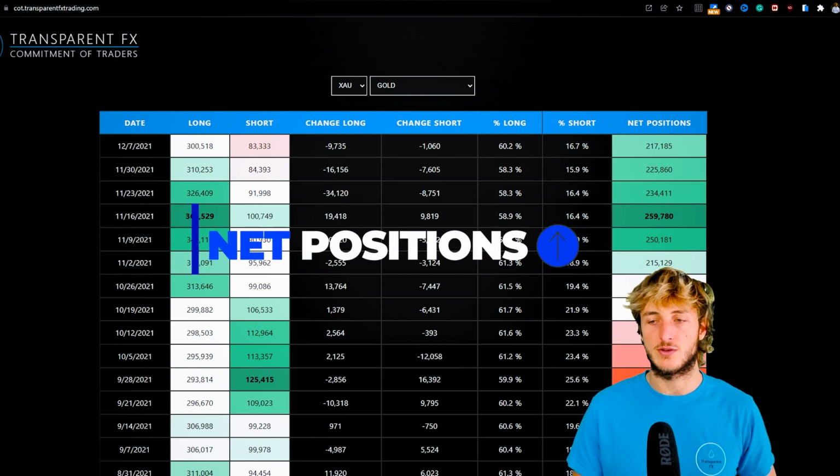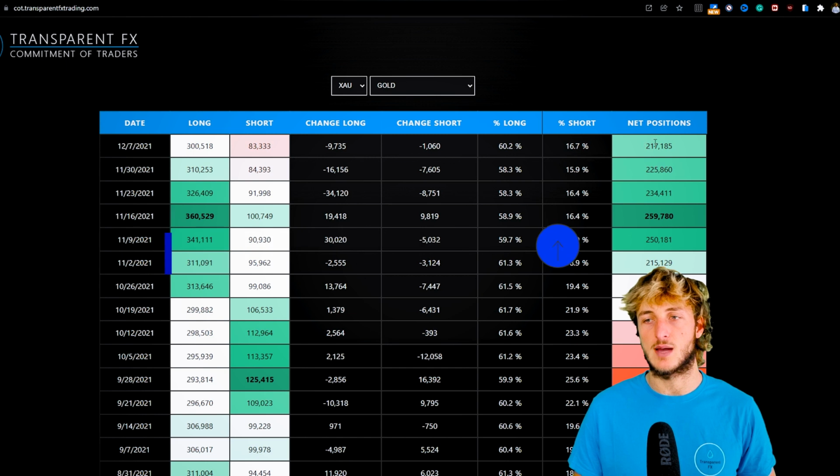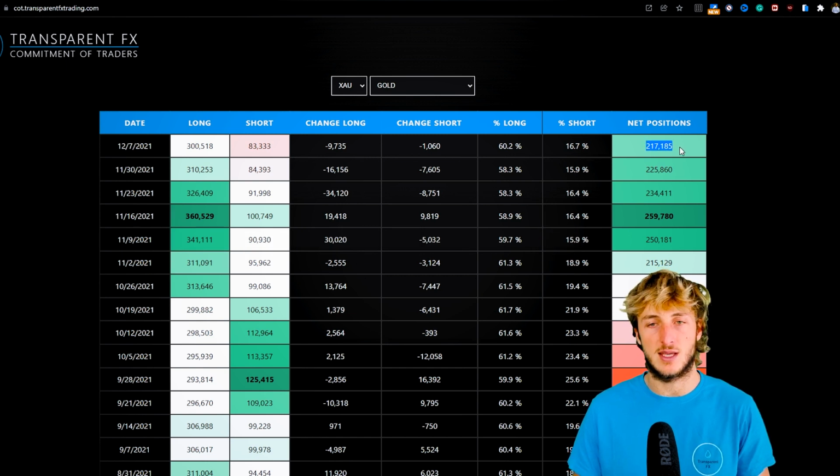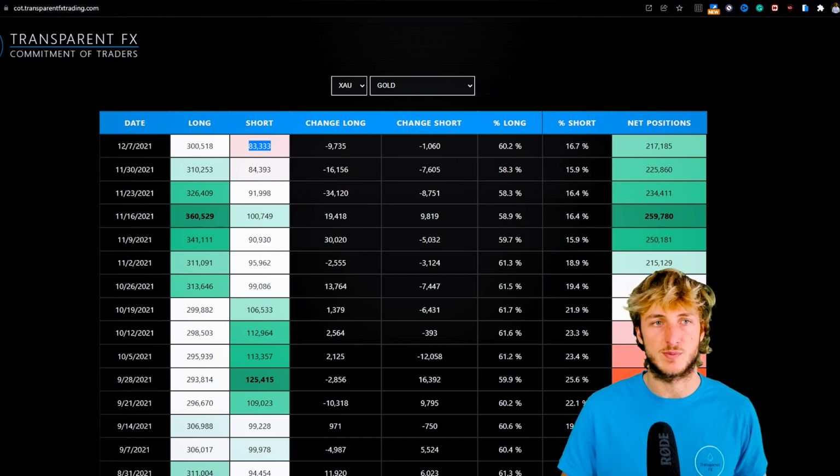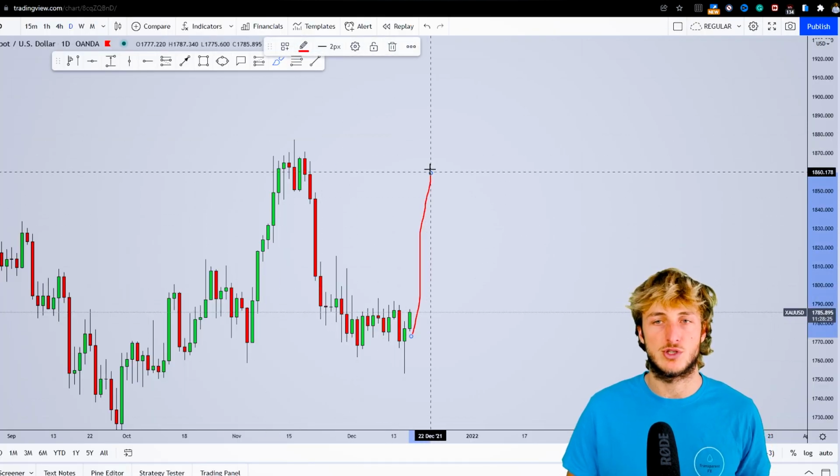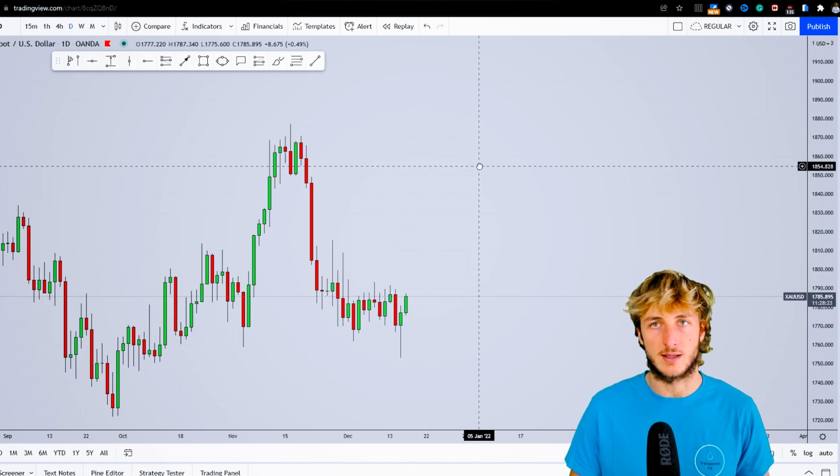We went from having 168k net positions up to having 217k net positions, with currently 300k longs and only 83k shorts. So clearly we have a massive amount of longs compared to shorts on gold from an institutional perspective, indicating that a potential rejection to the upside seems quite likely.